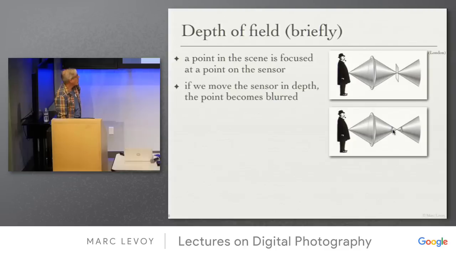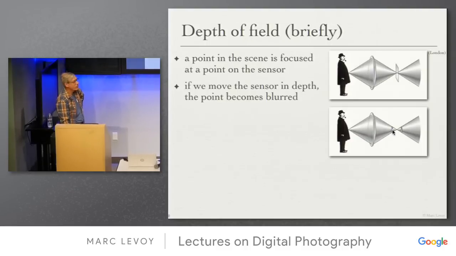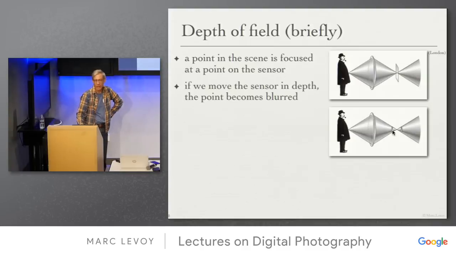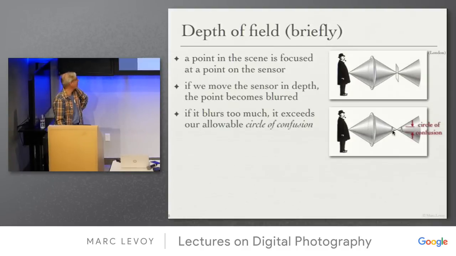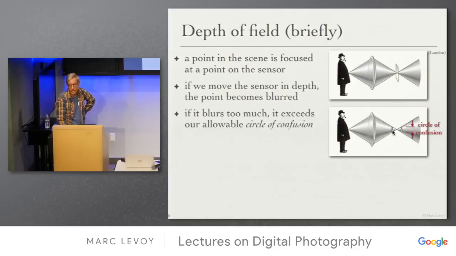Actually, it comes to almost a point a little bit before and after that sensor. And if we allow ourselves to have a circle of confusion, meaning a blur that big, it's still mostly focused. And how big a blur we're allowing is called a circle of confusion. Later we'll relate it to pixel size.